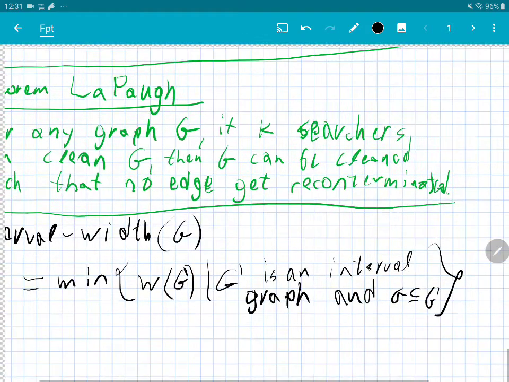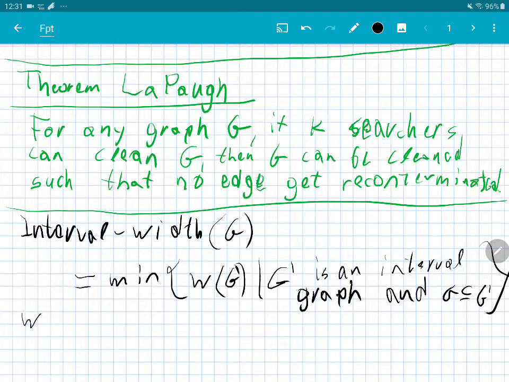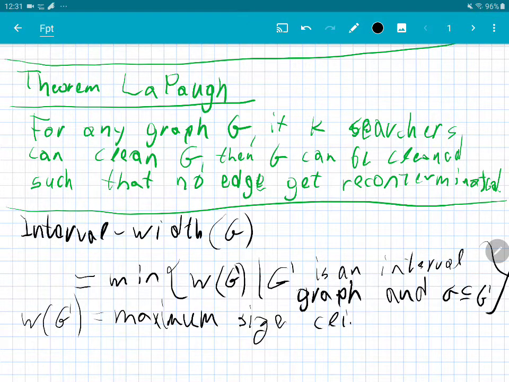And here W of G prime is just the maximum size clique in G prime, right? So it's the clique number.